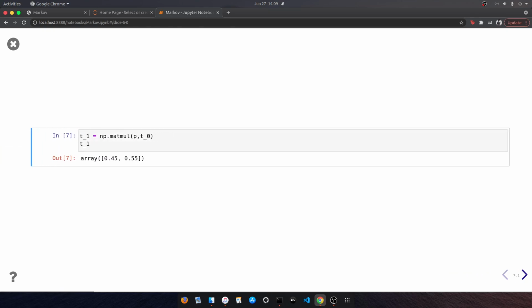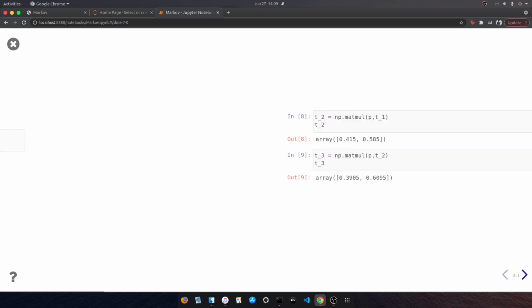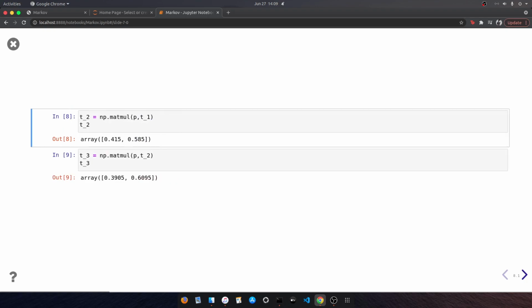So now, since we have shown it using matrix vector multiplication, we can move forward. We can compute the value at time point 2 using the same formula from earlier. And again, as you can see, these results are equal to the answer that we have from the book. We can see some sort of pattern here.